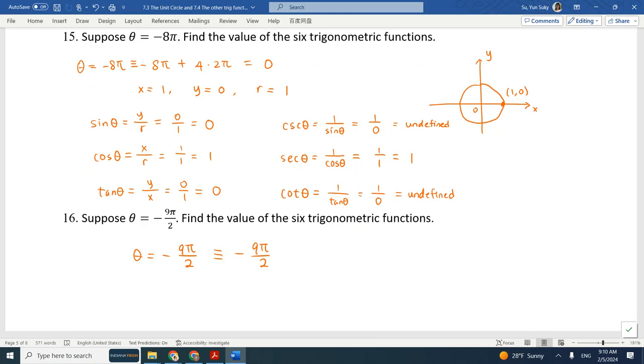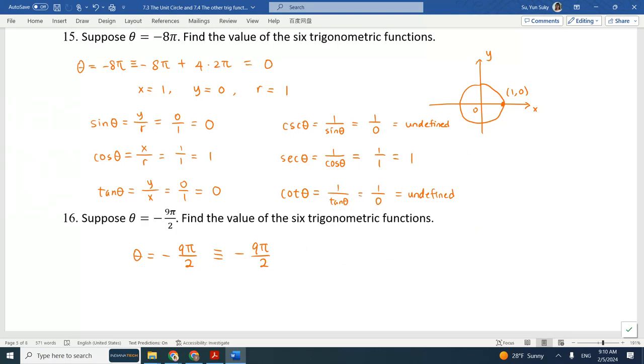Think about it, minus 9 pi over 2. If you add 2 pi, what is 2 pi? It's like 4 pi over 2, right? If you add 4 pi over 2, you get negative 5 pi over 2. It's not in 0 to 2 pi, so you need to add more, right? So you add 2 copies of 2 pi.